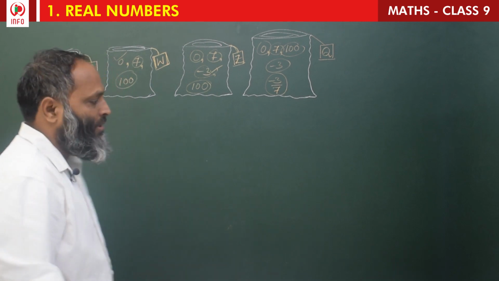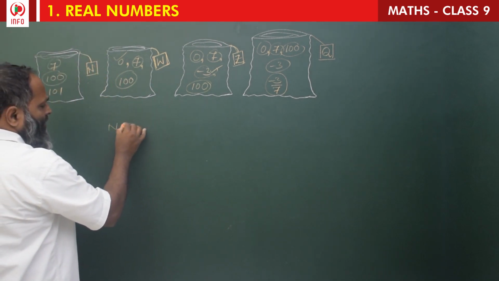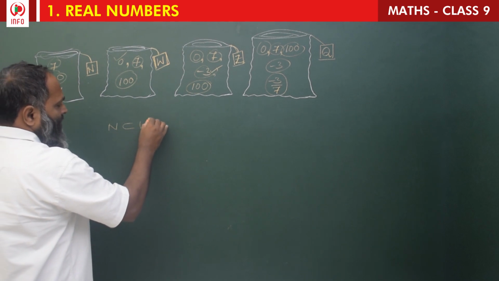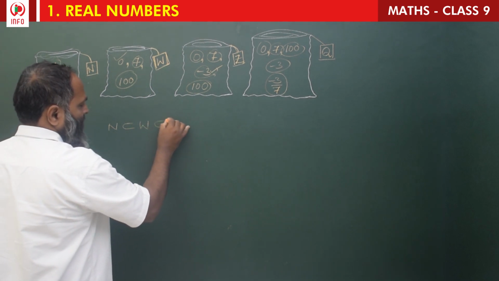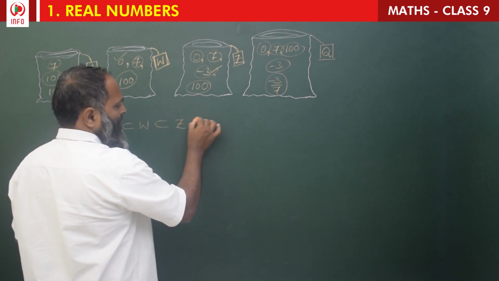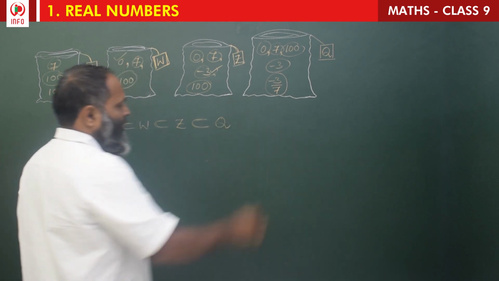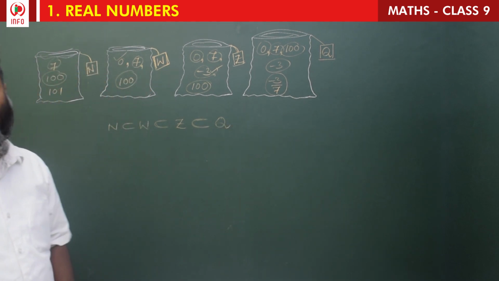So here, the set of natural numbers is always a subset of the set of whole numbers, which is a subset of the set of integers. The set of integers is always a subset of the set of rational numbers.